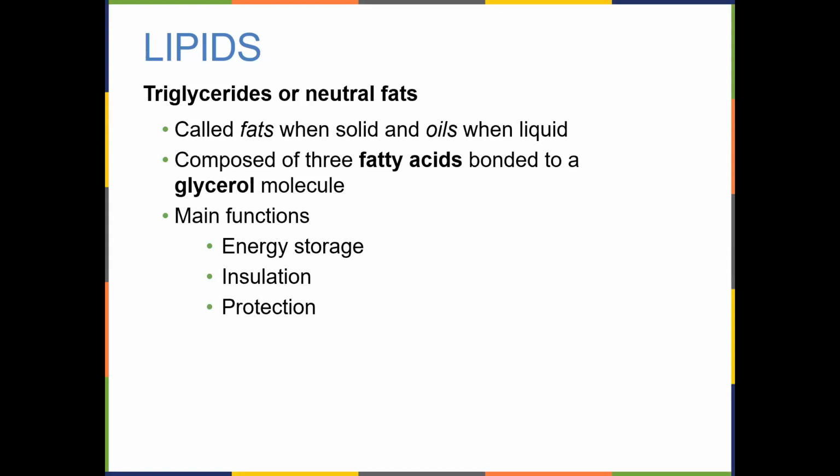There are 3 of these chains covalently bonded to a 3-carbon glycerol. Glycerol is an alcohol. Whenever you see the ending OL on one of these words, it means it's an alcohol. Glycerol is an alcohol version of glycerin. Ethanol is the alcohol version of ethane.